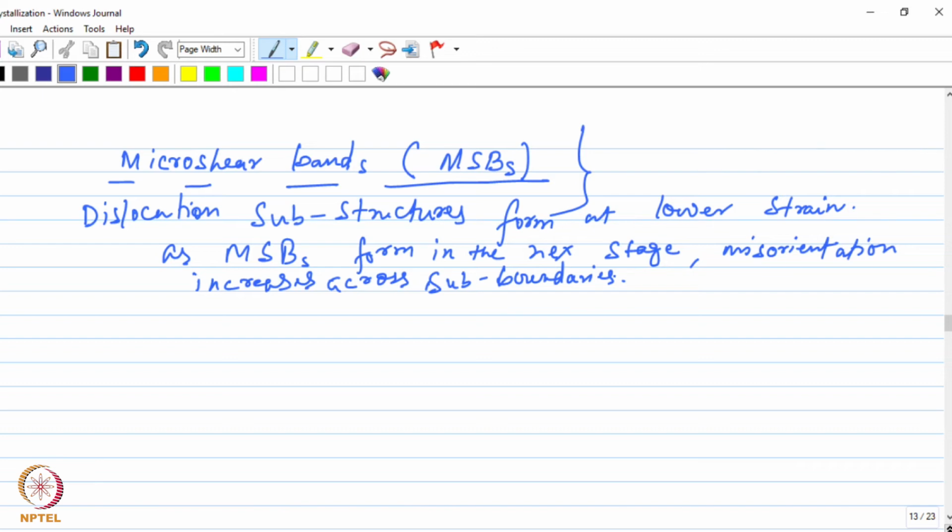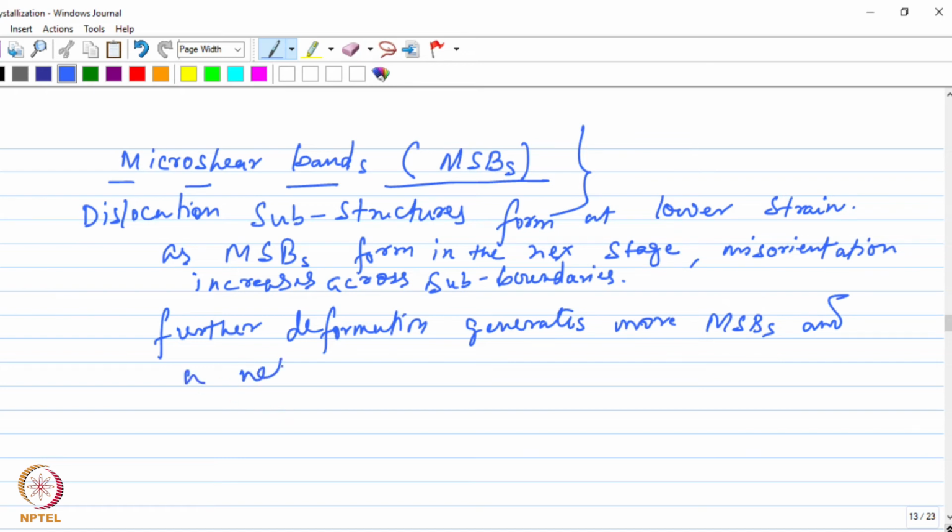And further deformation leads to formation of more MSBs, which in turn leads to a network of MSBs in the grain interior. And the average misorientation also increases.